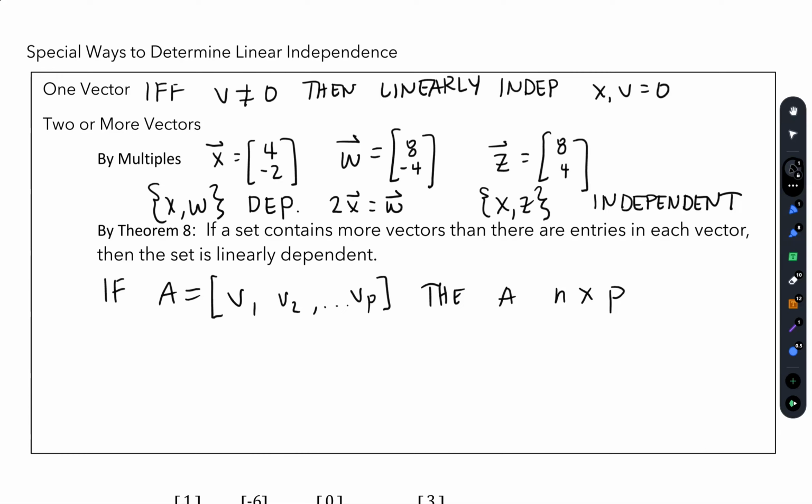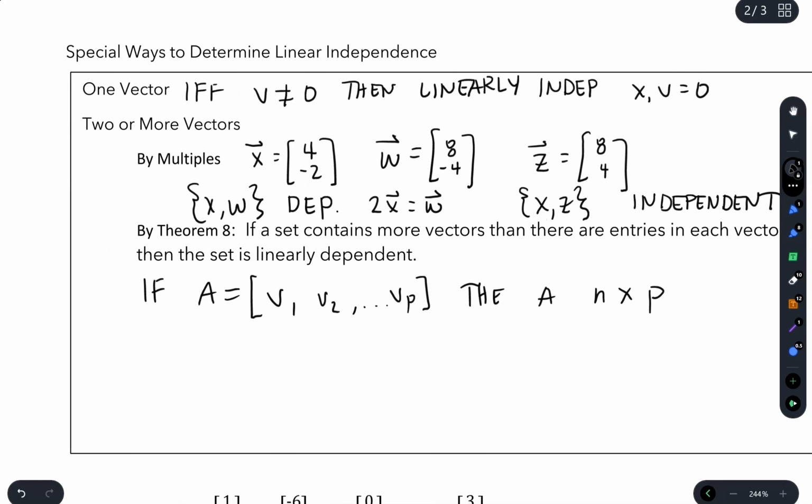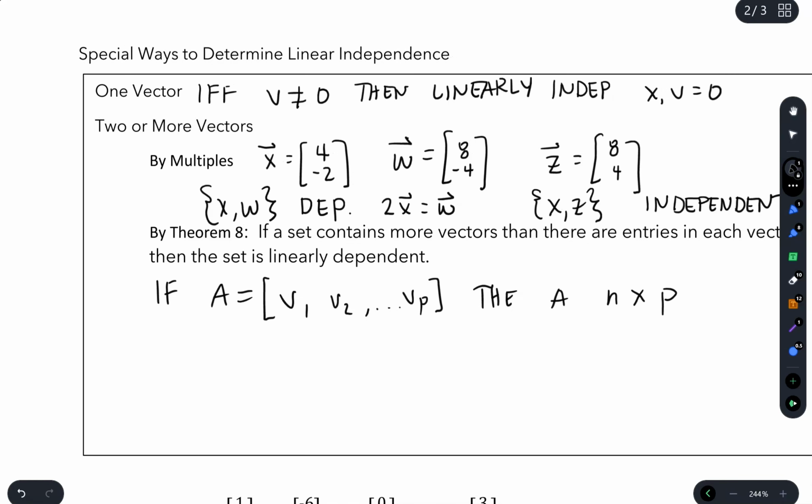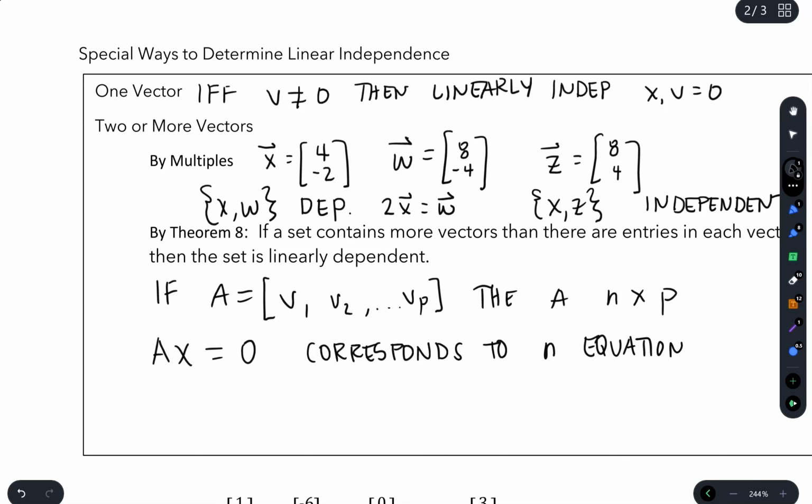Okay, so A, oops, y'all, this pen just keeps going out. I don't know what's happening here. So Ax equals 0 corresponds to n equations with p unknowns.